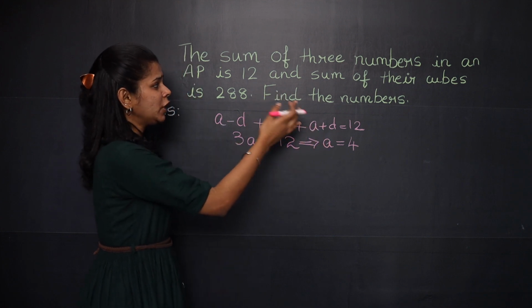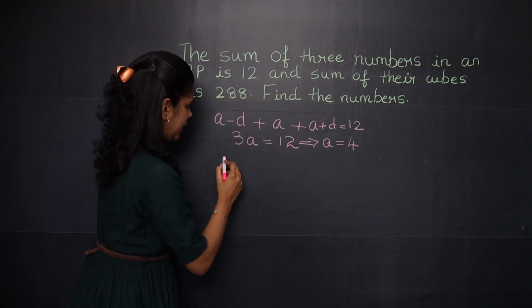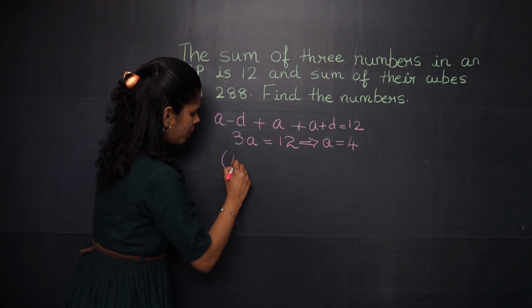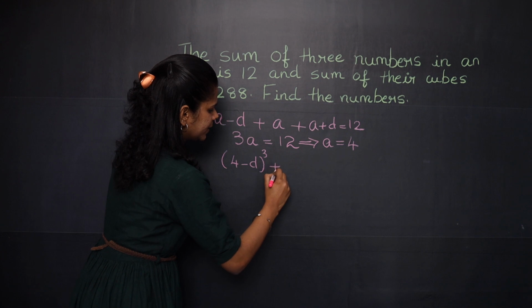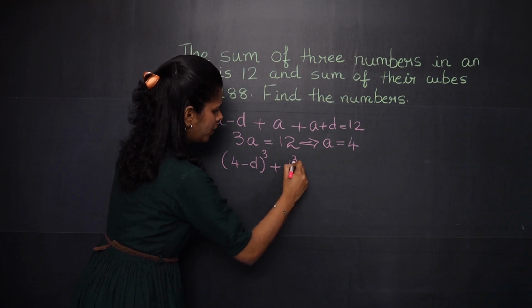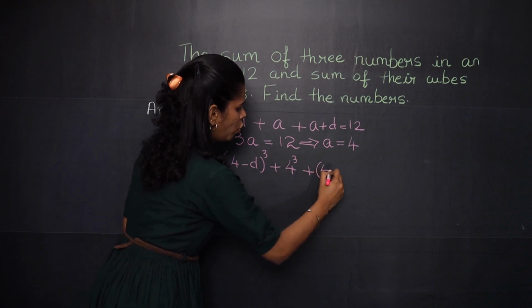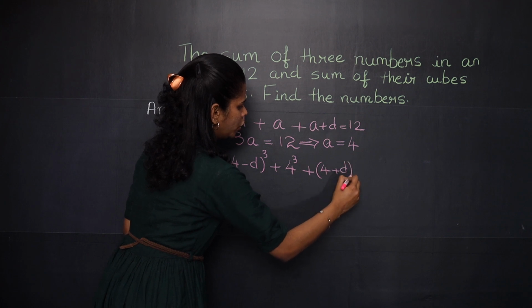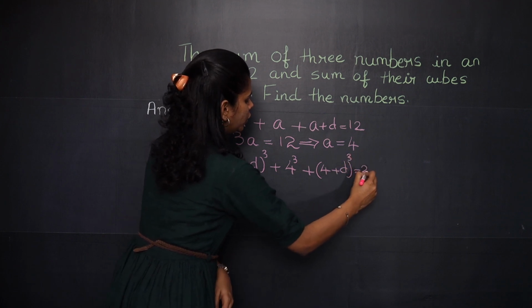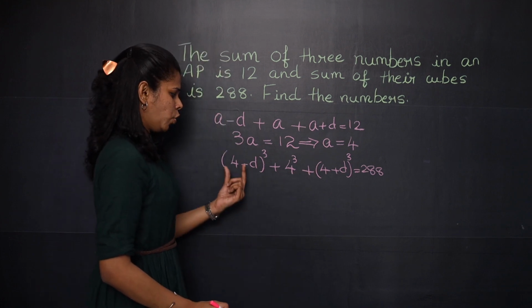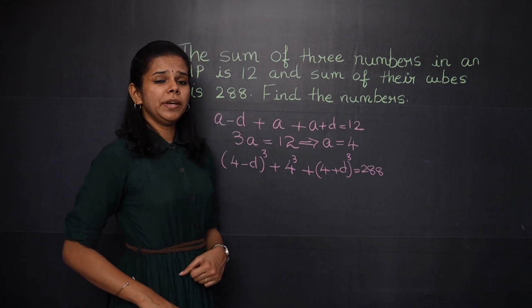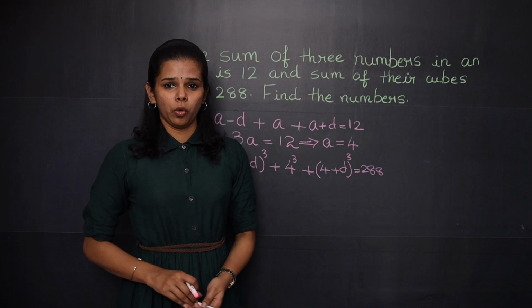So the sum of their cubes is given as 288. So 4 minus d the whole cube plus 4 cube plus 4 plus d the whole cube is equal to 288. Okay. So what is a minus b the whole cube and a plus b the whole cube?